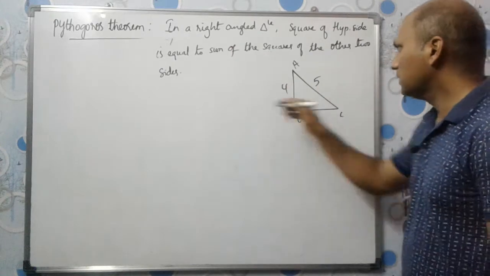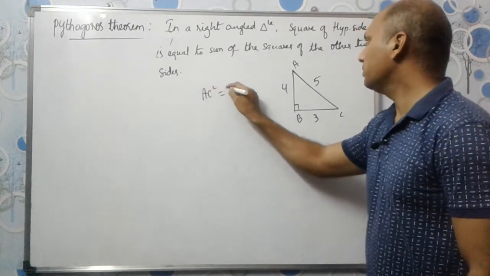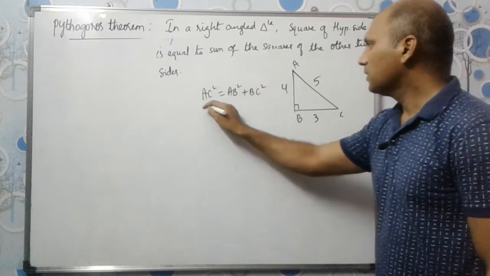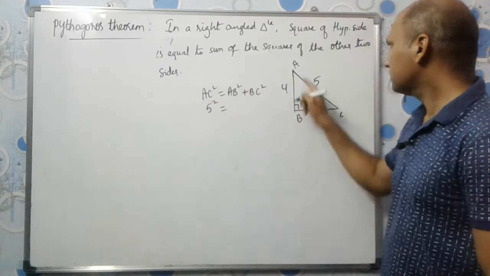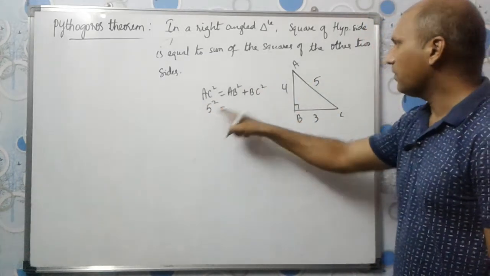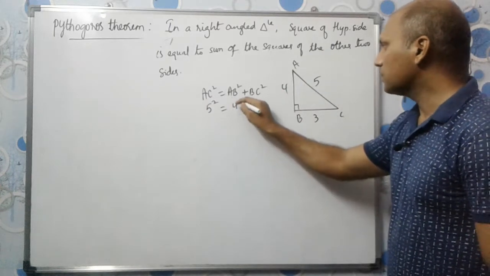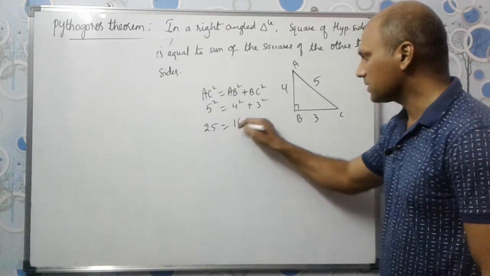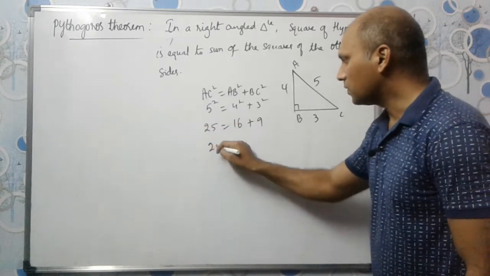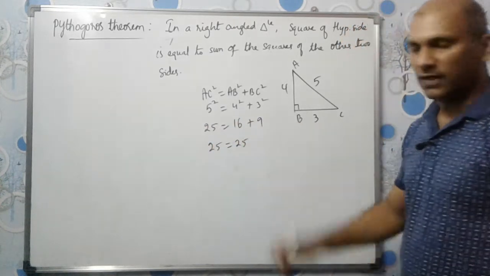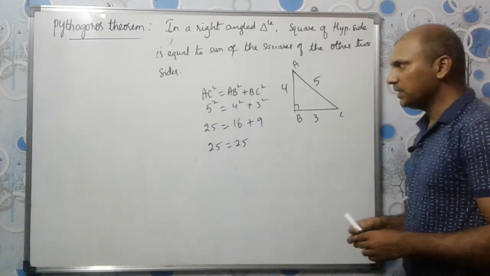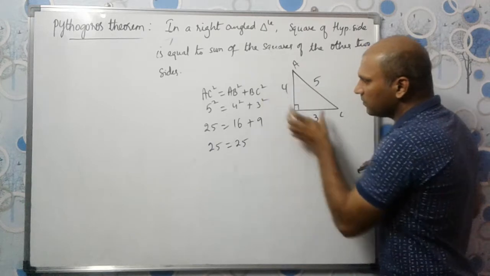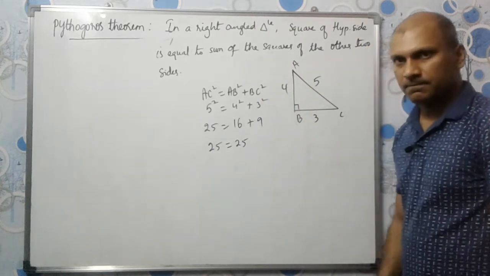So this AC square should be equal to AB square plus BC square. So okay, 5 square. Hypotenuse is 5 square. AB 4 square plus 3 square. See, 5 square is 25, 4 square is 16, 3 square is 9. So 25 is equal to 25. Both are equal, right? So hypotenuse square is equal to sum of the squares of the other two sides.